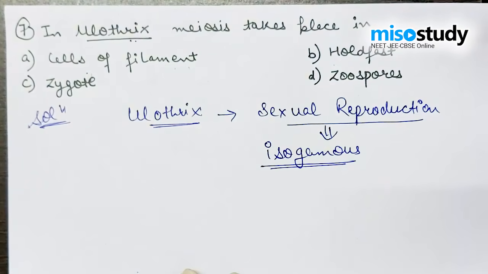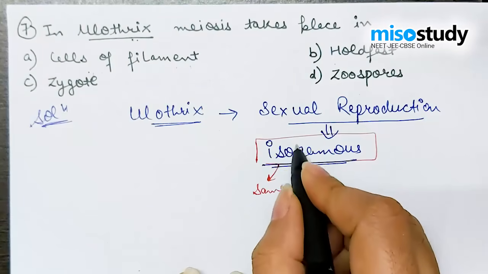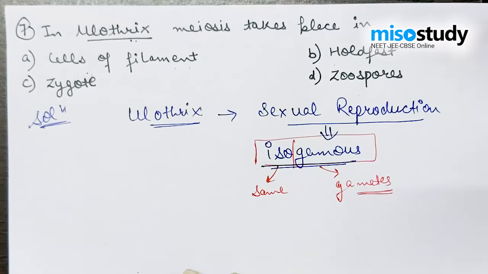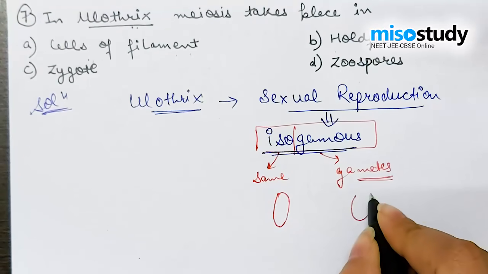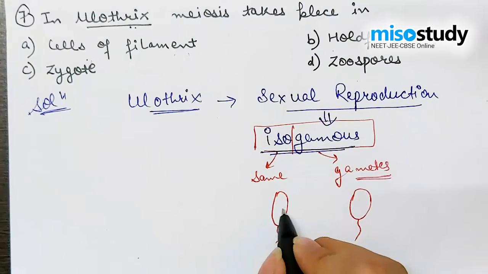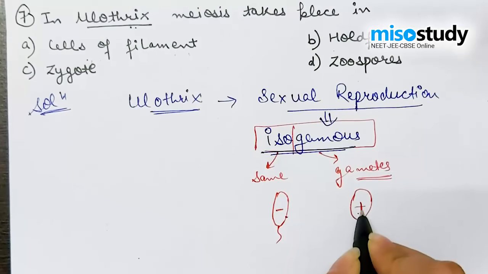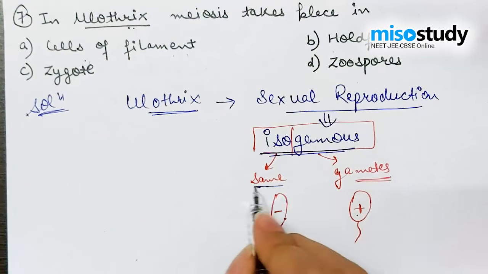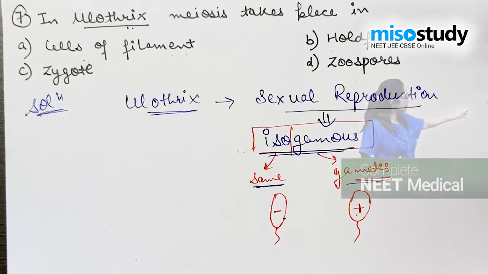As we know the meaning of the word, iso means same and gamous means gametes, in which both the gametes are identical. I will try to draw a rough diagram to better understand this. There is a difference only at the allelic level. Both are morphologically the same gametes, hence we name it iso, meaning the same type of gametes.